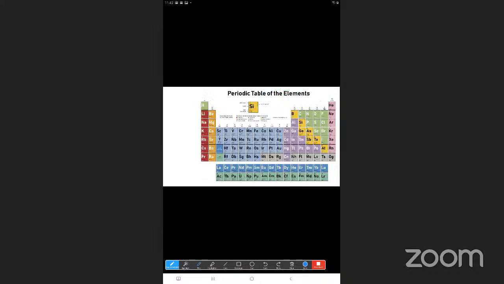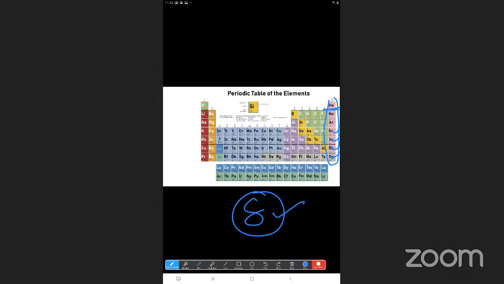These group elements have 8 electrons in the valency shell. These elements are helium, neon, argon, krypton, xenon, radon, and oganesson. So all these elements are stable with 8 electrons in the valency shell, except helium. All the remaining elements from neon to oganesson are stable with 8 electrons in the valency shell.